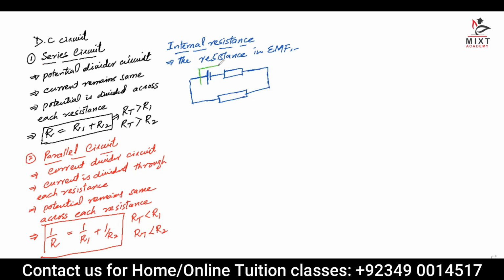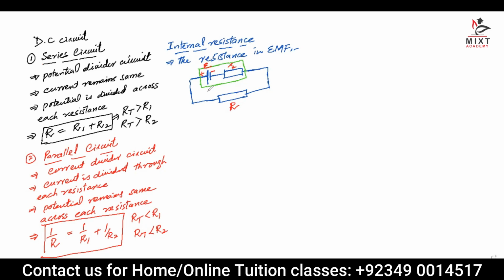How do I know that this is the internal resistance? In the exam paper, they make a box around it. This is the positive terminal, this is negative, and this is called EMF. This is internal resistance and this is external resistance, connected in series.